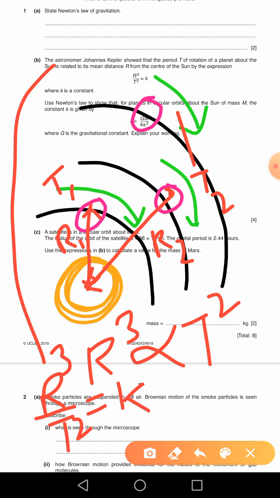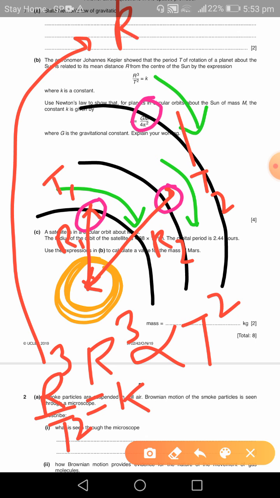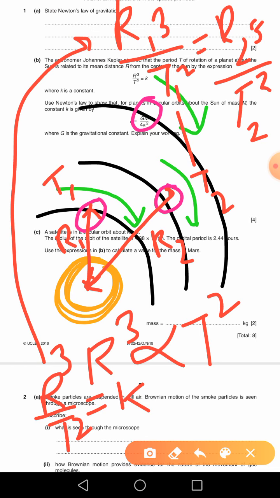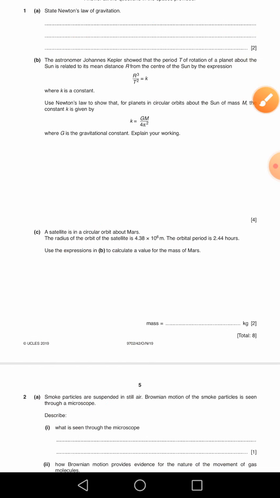Which further means that r1 cube by T1 square must be equal to r2 cube, I'm sorry, I'm having difficulty writing the cube here, divided by T2 square. Okay, that's what the question means, and now you have to show that this is the case.